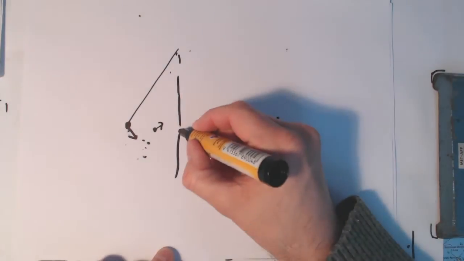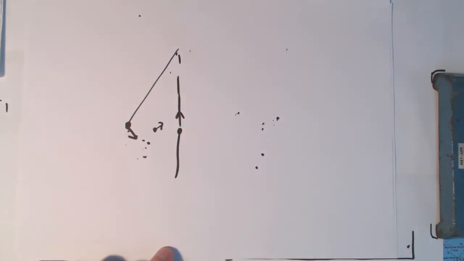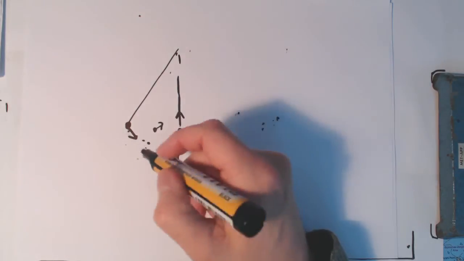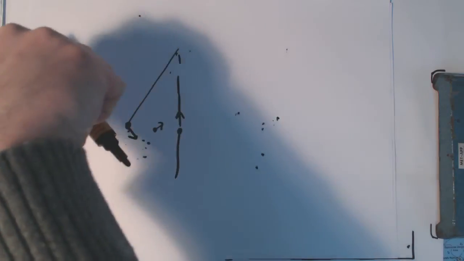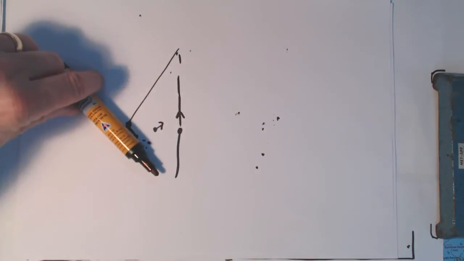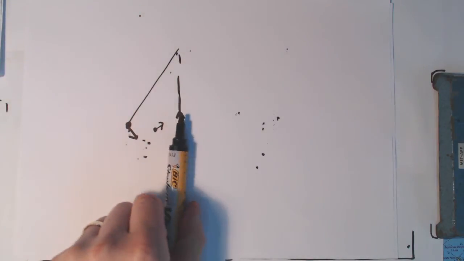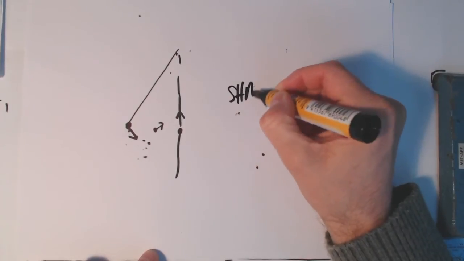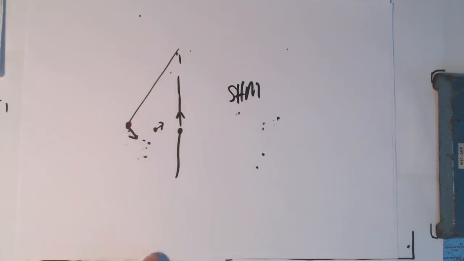By the time it gets to the middle it's pointing totally up. And so with a pendulum swinging, the net force is changing from pointing down like this as the pendulum swings to where it gets to the middle, it's pointing up like that. That's the net force. And the SHM is always the horizontal component back towards the middle.